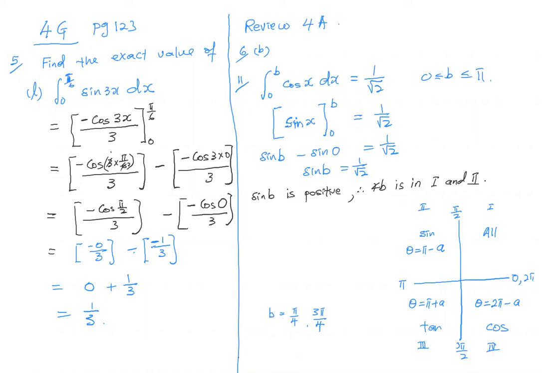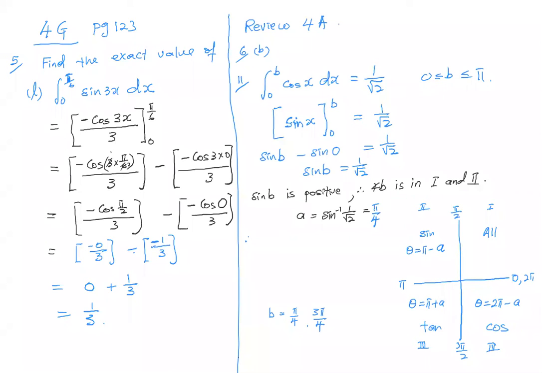So the acute angle is sin inverse of 1 over root 2. And you know, sin of what angle will give you 1 over root 2? You check the table. You have pi by 4, right?